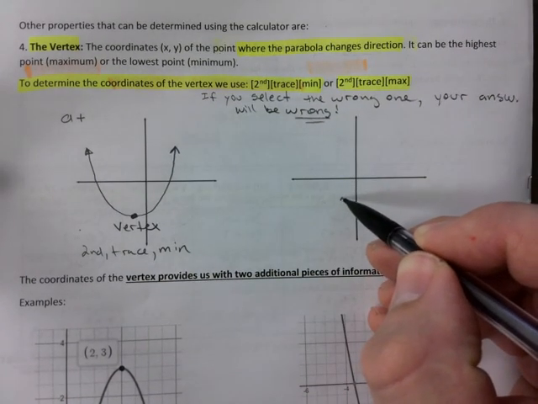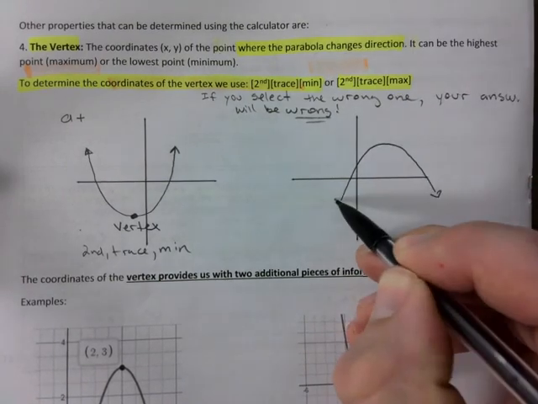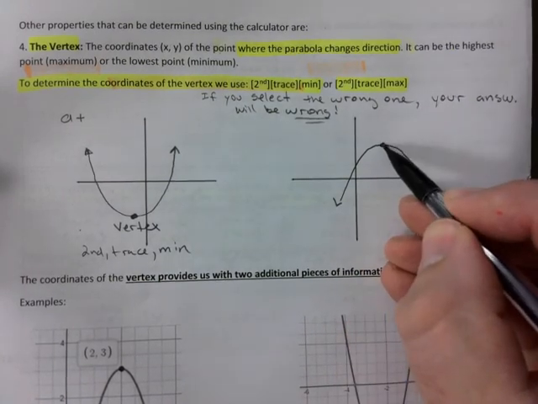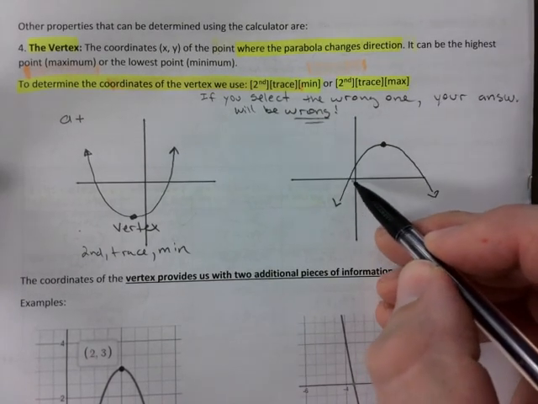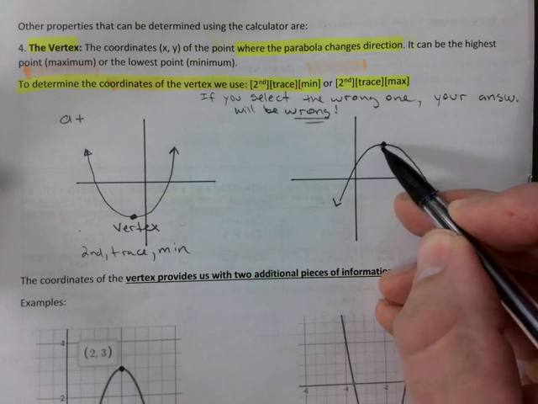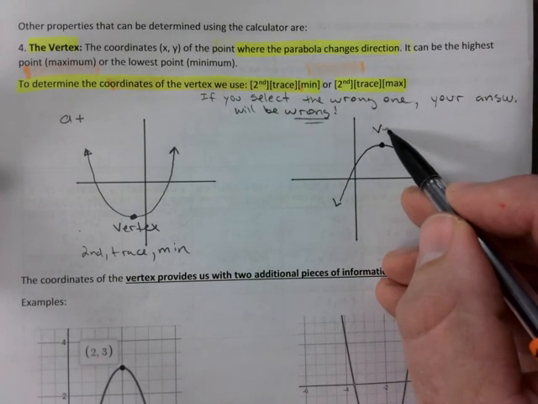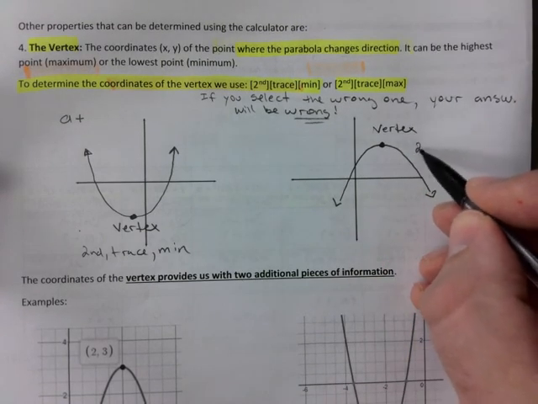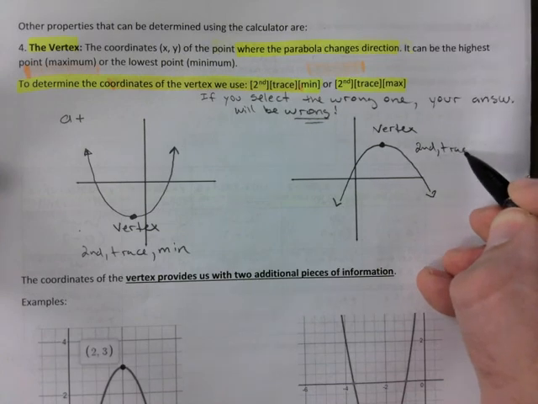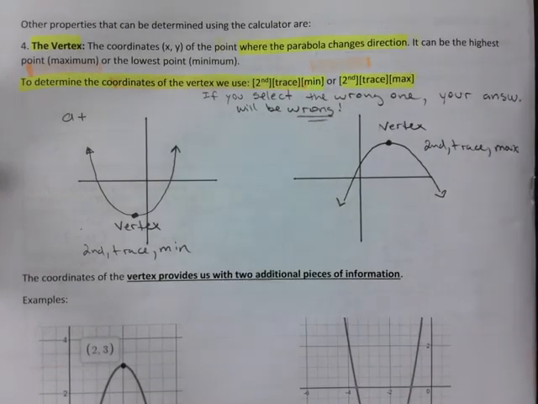On the other hand, if you have one of these, then your vertex is right there. If you go from left to right, it keeps going up, keeps going up, keeps going up, at a point where it starts going down. That is what we call the vertex. And so you'd use second trace max because it is the highest point in this case.